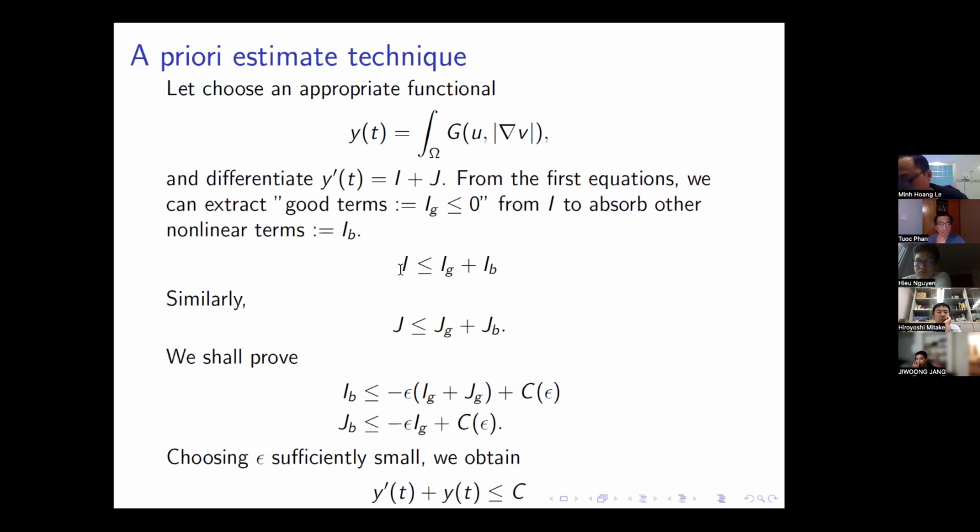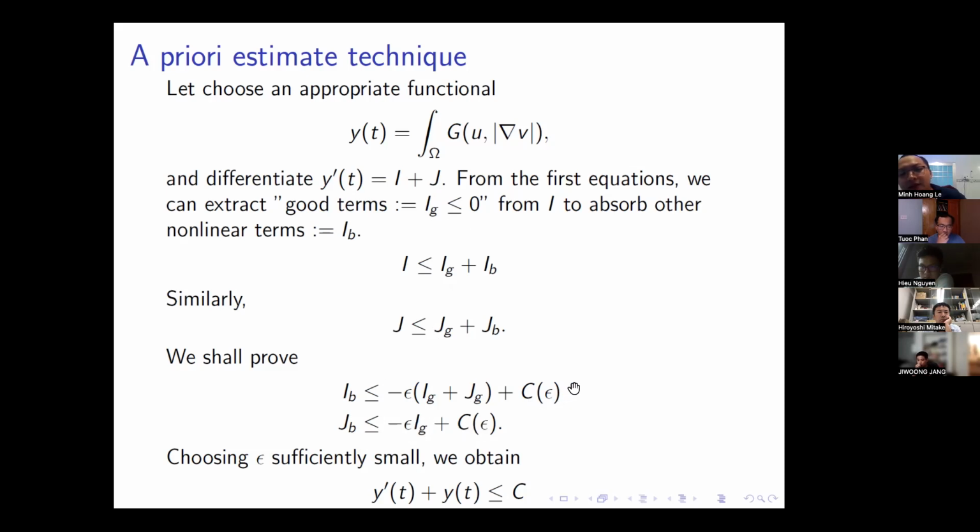And I here we can separate into IG and IB, IG standing for the good term and IB the bad term. IG is non-positive, and similarly we have this for J. The idea is that we obtain the following inequality: the bad term can be controlled by the good term, but we have to pay with a constant C epsilon here. And JB is easier because it's just a linear equation, so we can easily obtain this.